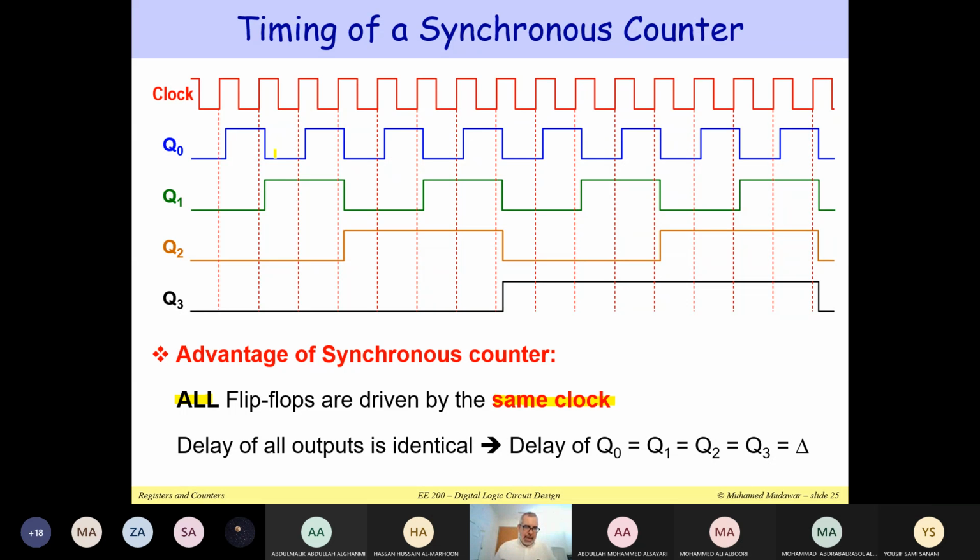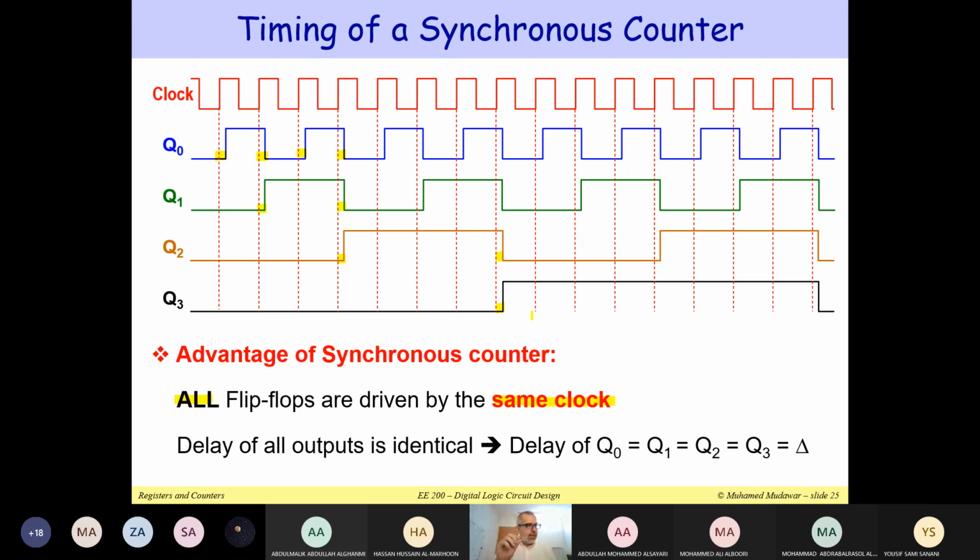So notice that there is a delay here in Q0, which is delta. There is the same delay in Q1. It's also delta. It's all delta. It's exactly the same delay in all the outputs. So therefore, all the outputs are going to change at the same time.